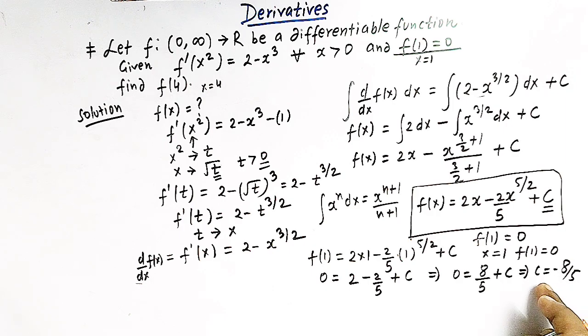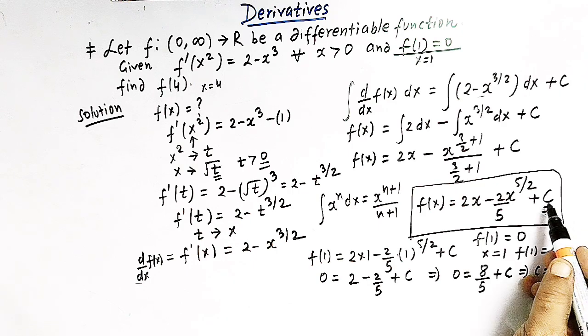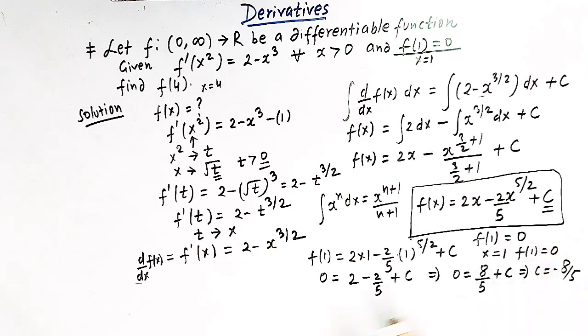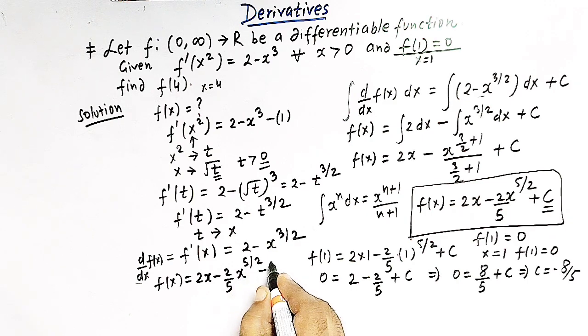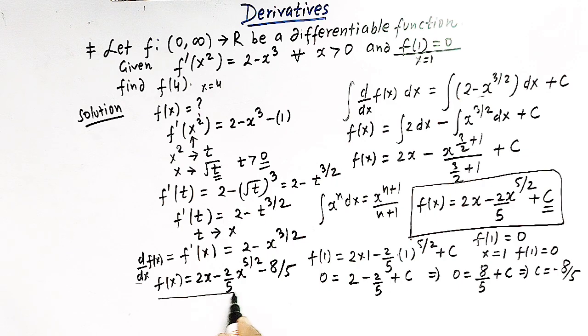So now taking this value of c equal to minus 8 over 5 to this expression, we have now f of x is equal to 2x minus 2 over 5 x raised to 5 over 2 minus 8 over 5. So this is the required function f of x.